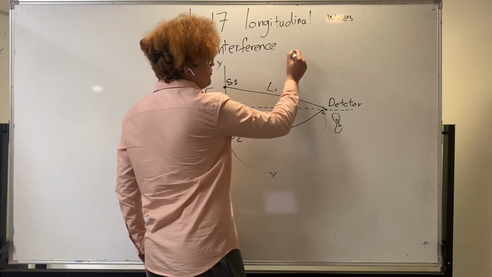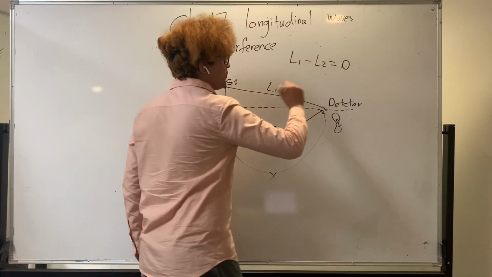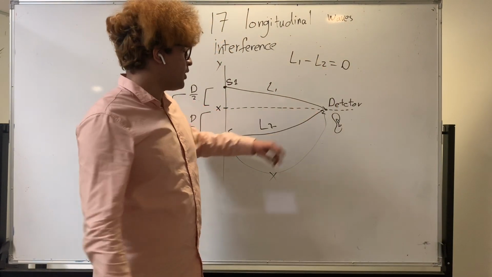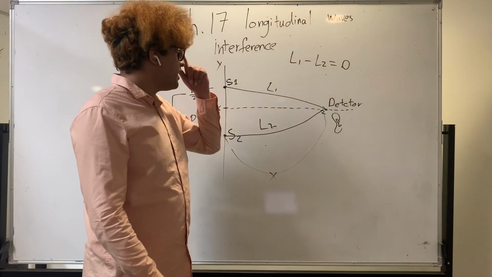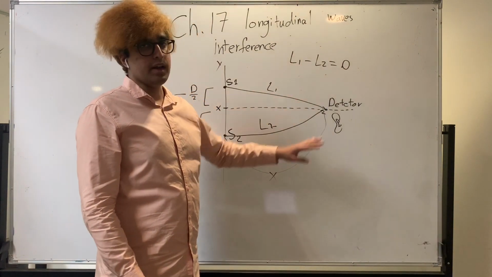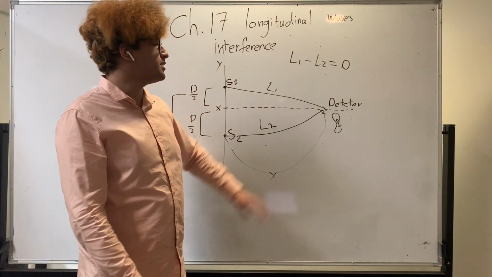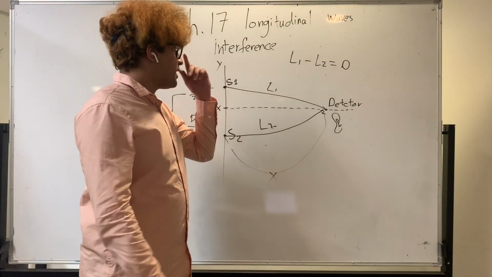So if L1 minus L2 is equal to 0, which in this case is 0, if this distance right here is exactly equal to this distance, the difference in paths, or the difference between the distance traveled, then we have completely constructive interference.